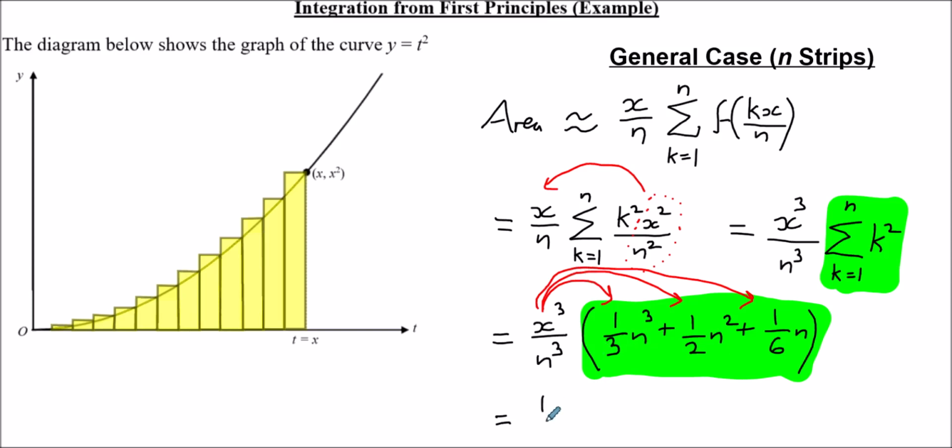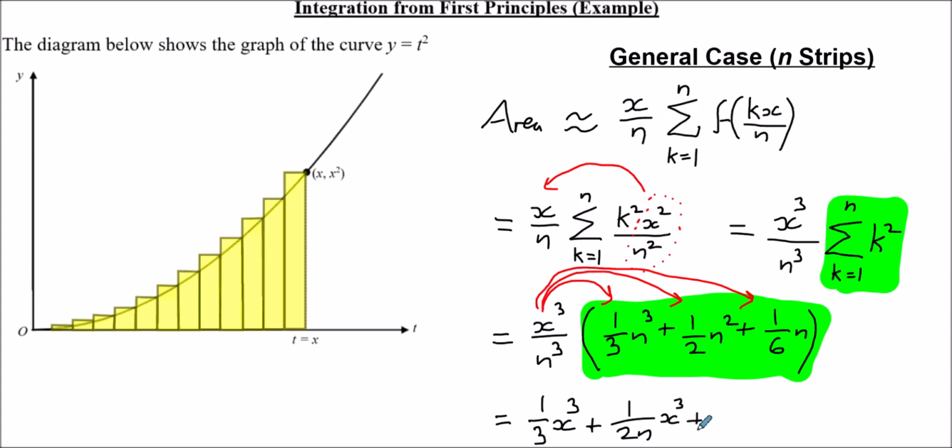And so what we're left with here is going to be 1/3 x cubed. The next term is going to be the n squared will cancel with 2 n's on the bottom, but we'll still have an n left on the bottom. So that's going to be 1/2n x cubed.